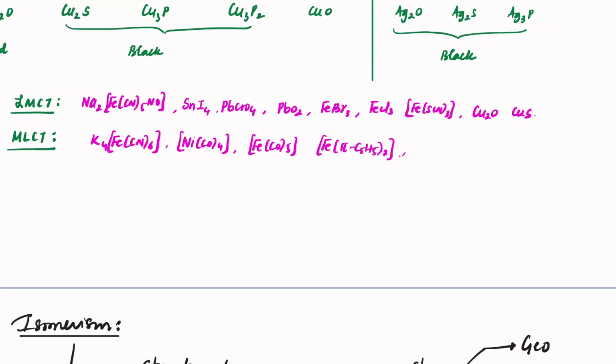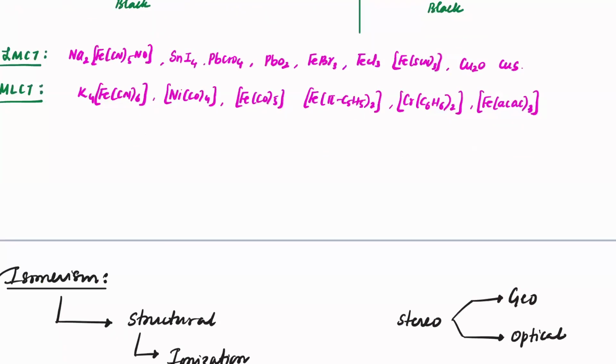And in the same way, dibenzenechromium, that is with C6H6. I'm sure you remember these sandwich complexes; we discussed the sandwich complexes. And Fe(acac)3. Right. So all these cases are going to be MLCT cases, metal to ligand charge transfer.